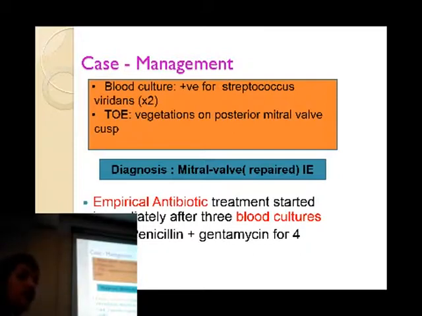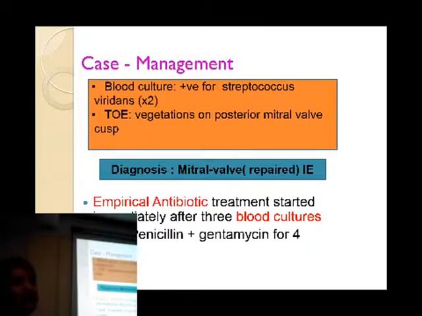So we confirmed the diagnosis with 2 major clinical criteria, and the diagnosis of mitral valve infective endocarditis in the background of a repaired valve is made.